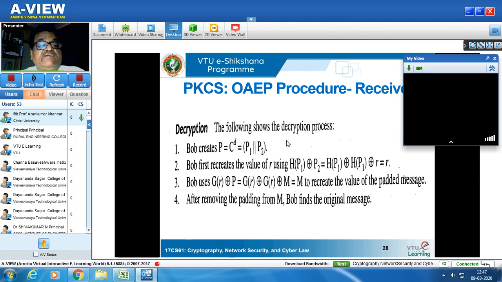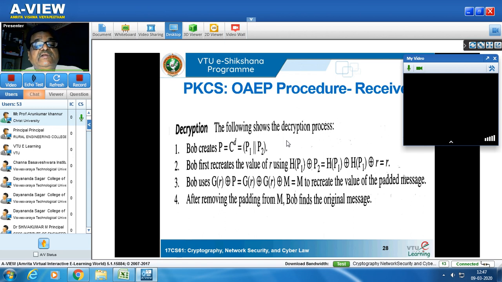On the decryption side, Bob creates the plain text by making use of the decryption key on the ciphertext. Based on that, the message P1 concatenated with P2 will be obtained.